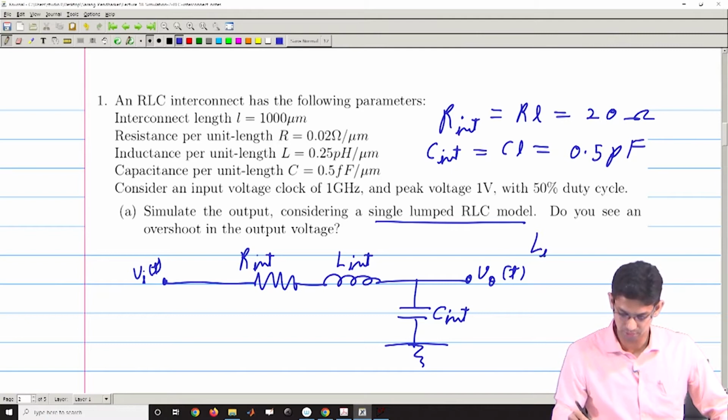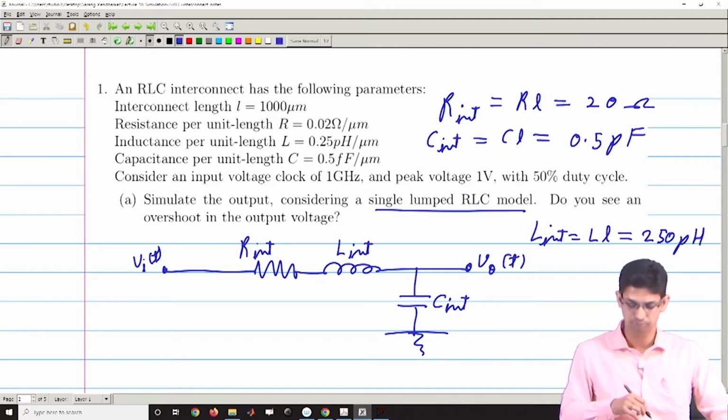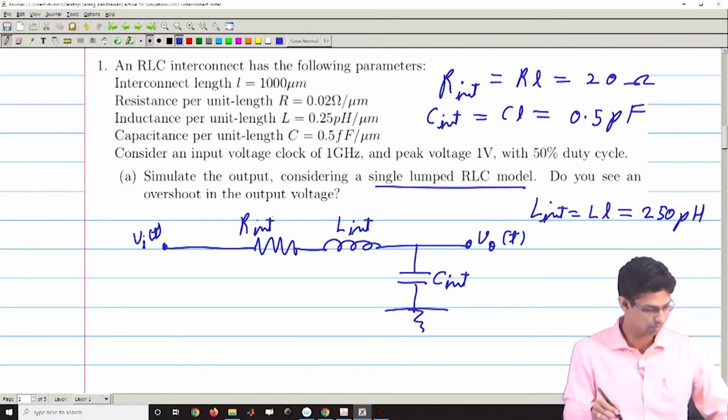And my L interconnect, which is equal to L into L, if I multiply that here, I will get a value of 250 picohenry. So, I will just substitute them here.